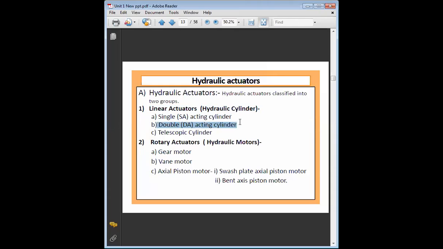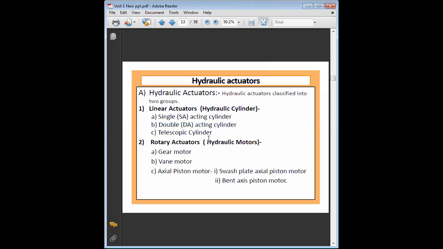Then the double acting cylinder, and along with these two we have another category, that is a special cylinder. Here I have written telescopic cylinder also. This is a special cylinder. So these are the linear actuators, or we can call them hydraulic cylinders.